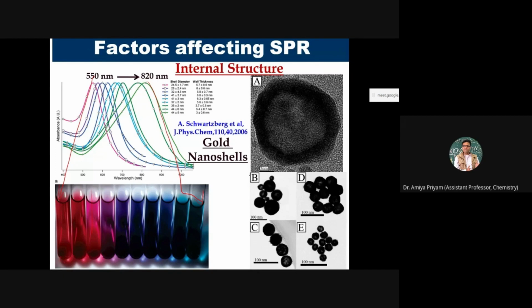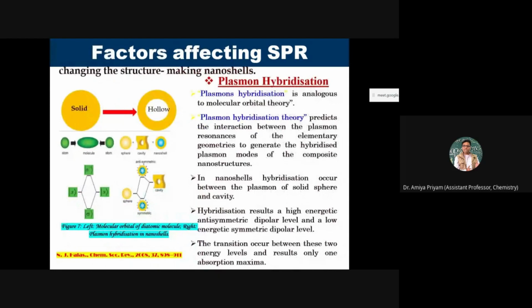That's a huge tunability that we can obtain, almost 300 nanometer change, which we were not able to do when the sphere was solid from inside with no void space. You make it bigger from 10 to 100 nanometers, and there was no such tunability. Only a 60 nanometer change was observed in gold.